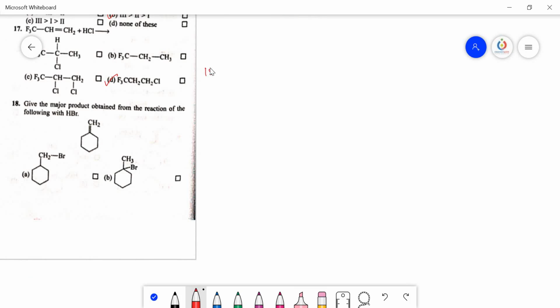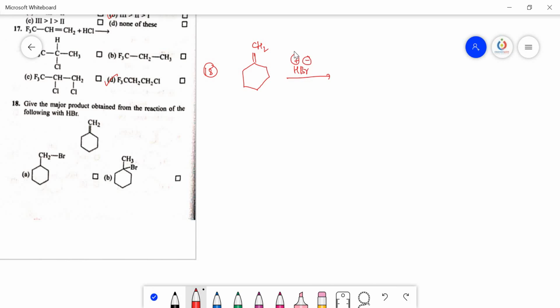Let us solve the question number 18. Give the major product obtained from the reaction of the following with HBr. So this molecule with HBr they are asked. So let's take CH2, HBr.